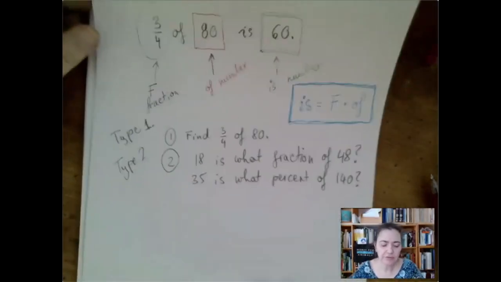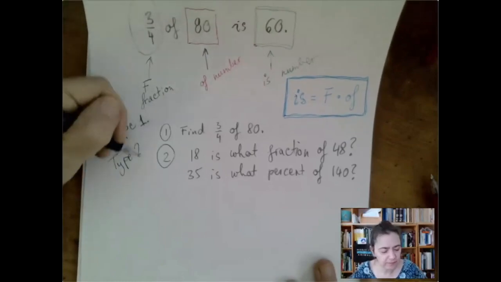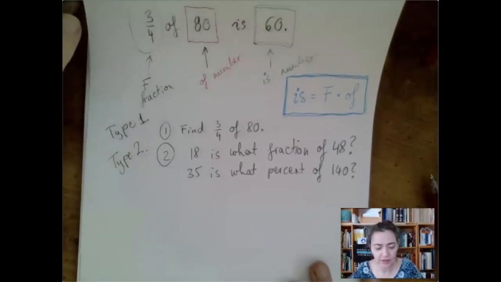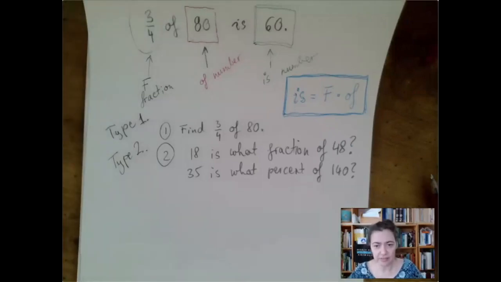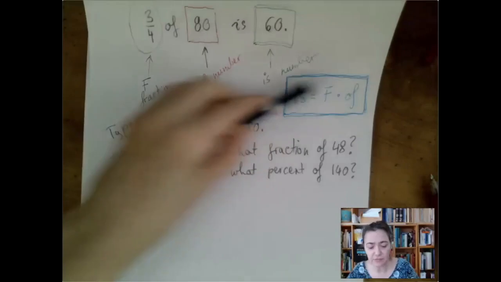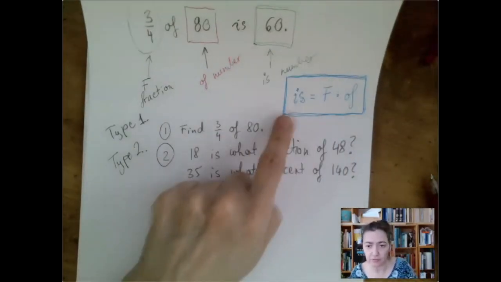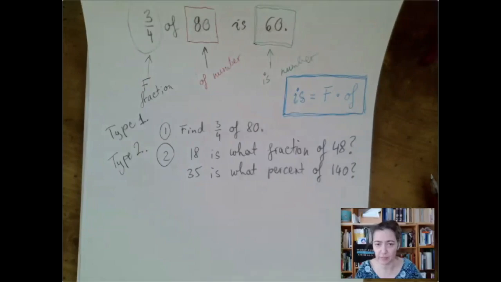So whenever you see a basic fraction or basic percent problem that's not type 1, my recommendation is the following. 2 out of the 3 things are given. Figure out which 2 are given, call the third one x, and state this formula, and then solve the ensuing equation. So instead of memorizing 3 different formulas, we're just going to use this formula once and solve for different parts of it, which is very, very typical to mathematics.